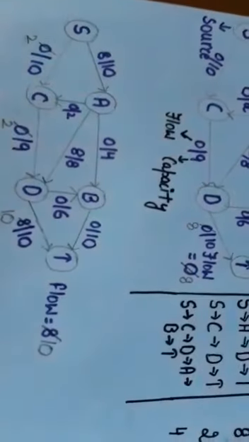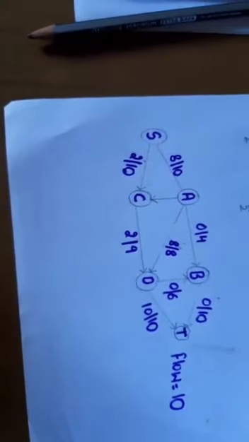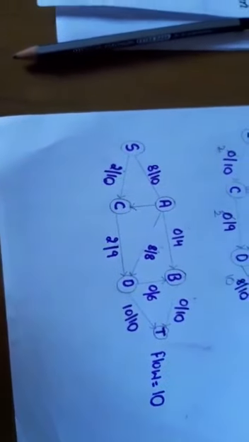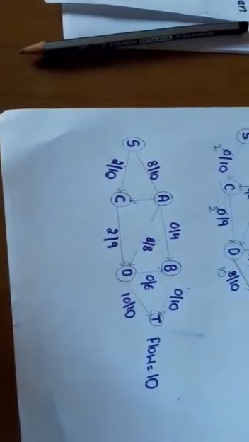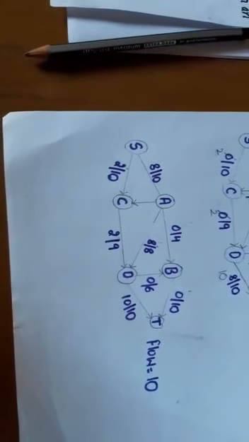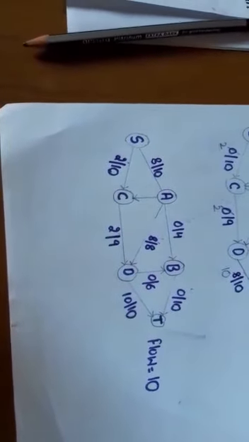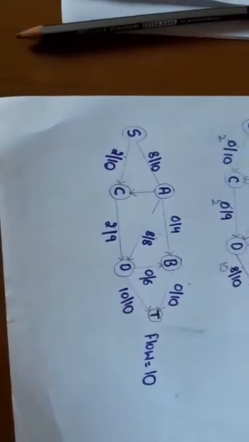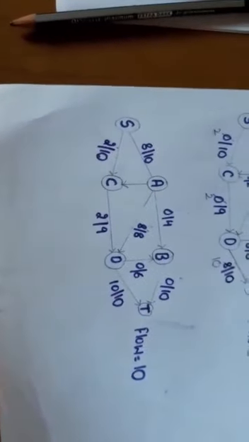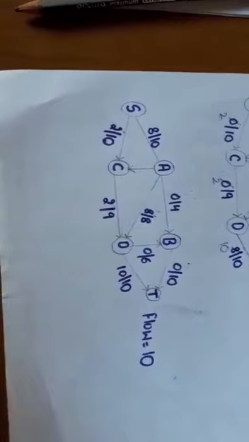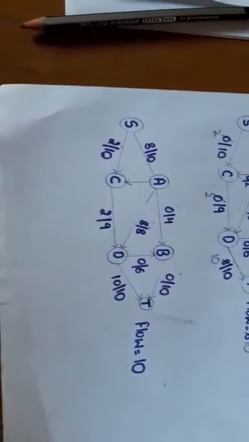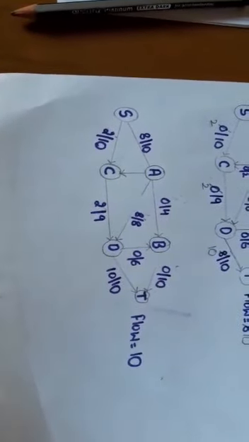So suppose I have taken the next augmenting path as SCDABT. See, SCH is having capacity 8, means I can take the flow 8. CD is having capacity 7, 9 minus 2. TAH is having capacity of 8, because it is in the backward direction, so it will be having full capacity, that is 8.